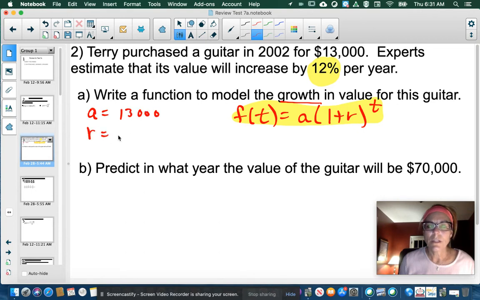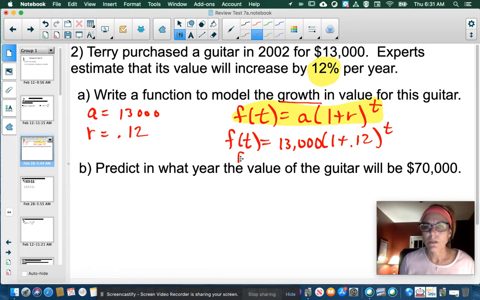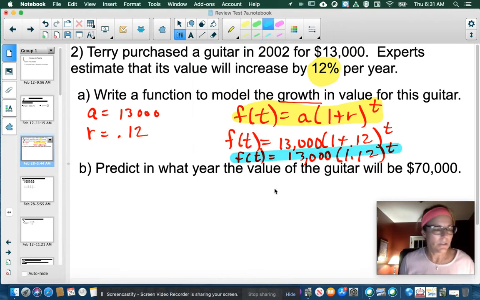R is the rate that it's growing as a decimal, so 0.12, and we're ready to go. 13,000, 1 plus 0.12, so that can be written like this, 13,000, 1.12 to the t. And there's our answer.